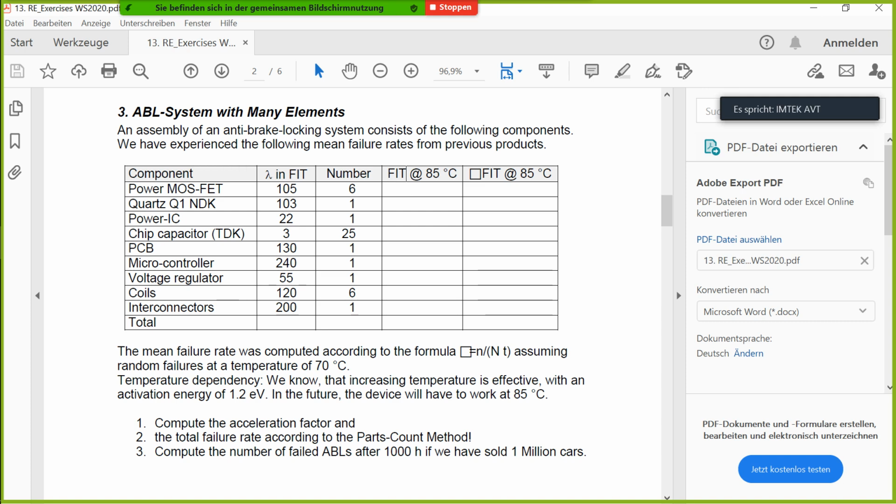So, first of all, we want to know the fit rate at 85 degrees centigrade. We assume an activation energy of 1.2 electron volt. What would be the failure rate roughly? You can compute it in detail, but what would be the failure rate at 85 degrees centigrade? Yeah, I would say that would be a good guess.